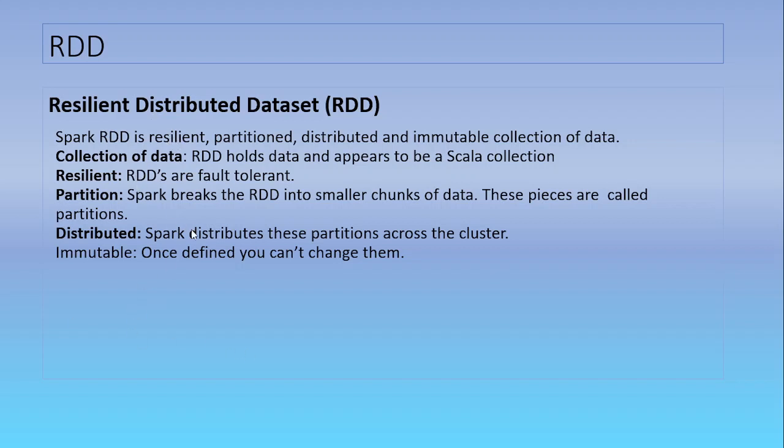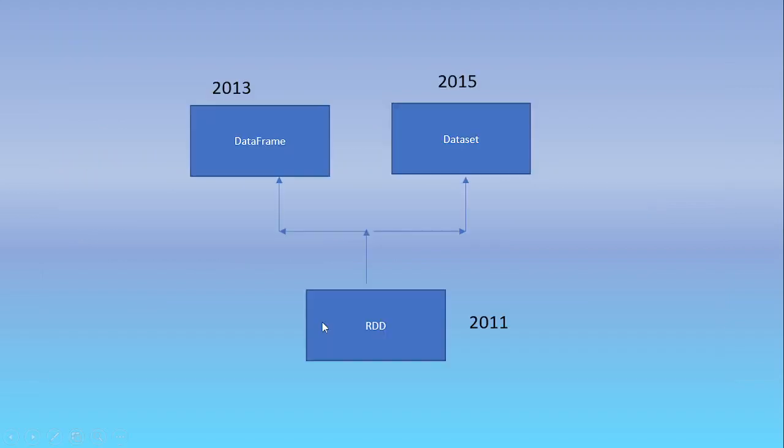So if you go back and see, on top of these RDDs, our data frames are built. So we have seen what RDDs are. RDDs are resilient distributed datasets. They partition the data, they distribute the data, those are immutable, and so on. But on top of this RDD, they have built a data frame.